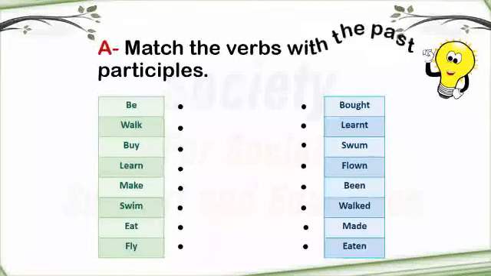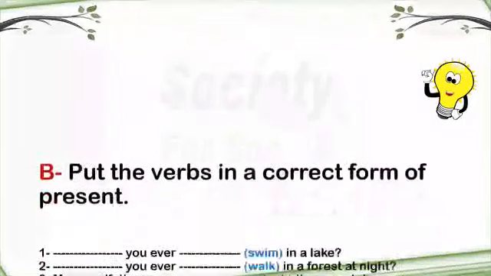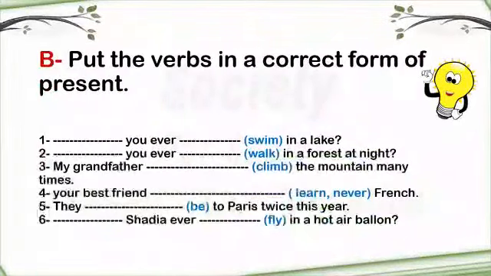Let's move to exercise 2. Exercise B. Put the verbs in a correct form of present perfect. You have to look at the verbs between parentheses or between brackets, okay? And you have to put it in the correct form. Let me do number 1 for you. Have you ever swum in a lake? So it's a question.